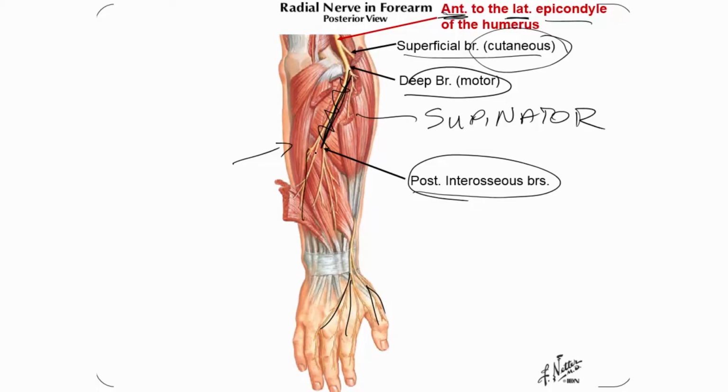And the posterior interosseous nerve supplies a lot of the muscles that are down in the distal part of the forearm, especially things like wrist extensors and digital extensors, the ones that do extend the digits of the hand and work on the thumb. So those muscles could be affected.